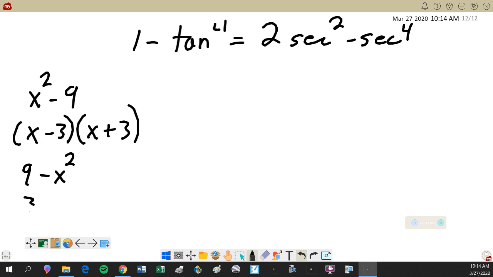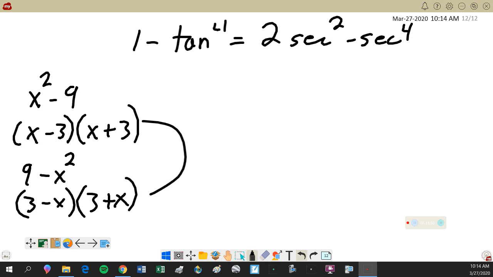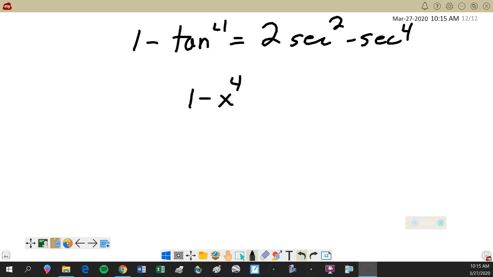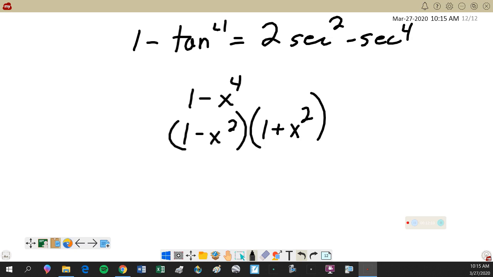We would do it this way: 3 minus x and 3 plus x. And it turns out that these are exactly the same. They look a little bit different, but the roots end up being plus or minus 3. So what if I had 1 minus x to the fourth? Well, that is 1 minus x squared and 1 plus x squared. And if you need to, this one factors again into 1 minus x and 1 plus x. You may not need that, but it does work.